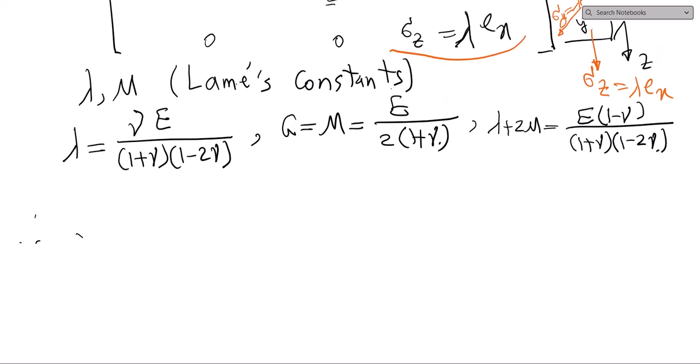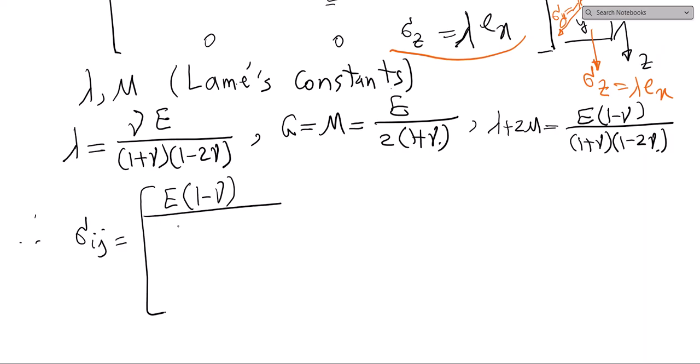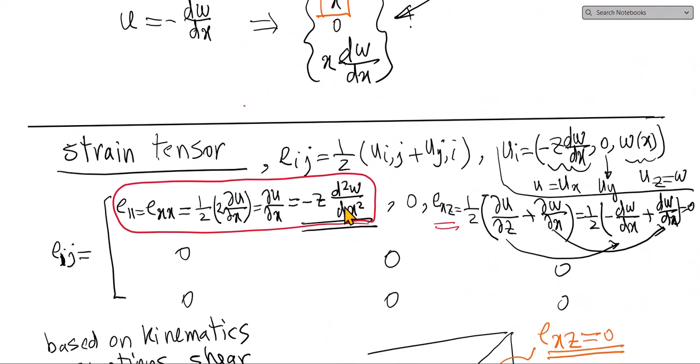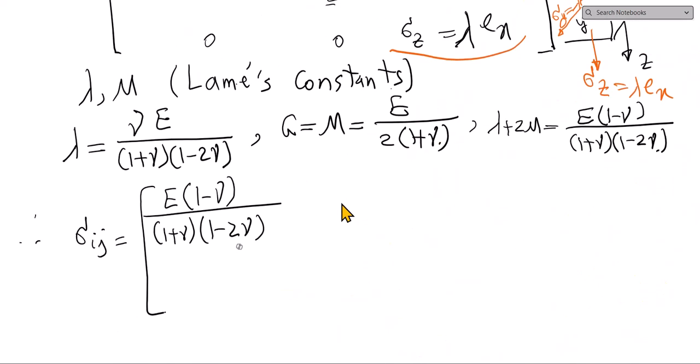Therefore, my sigma ij, or stress tensor, will be given like this. I will write the epsilon x here as we have it, which is minus z d2w dx2.